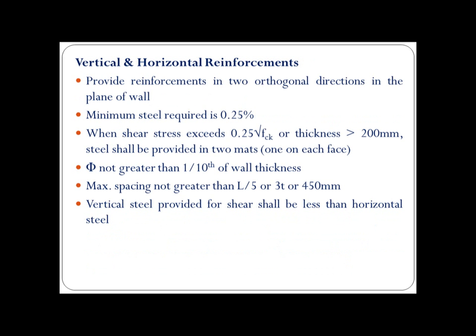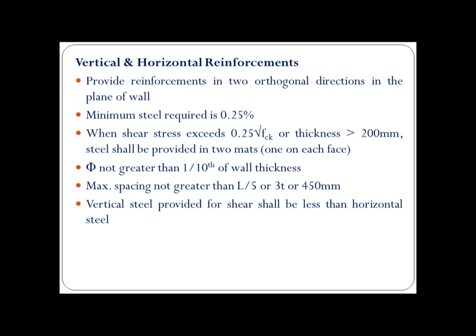Vertical and horizontal reinforcements. We need to provide reinforcement in two orthogonal directions in the plane of the wall. The minimum steel required is 0.25 percent of the gross cross-sectional area, and when shear stress exceeds 0.25 fck or thickness is greater than 200 mm, we need to provide steel on both faces, that is, in two mats.